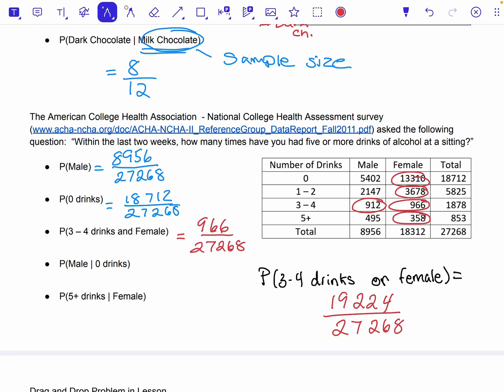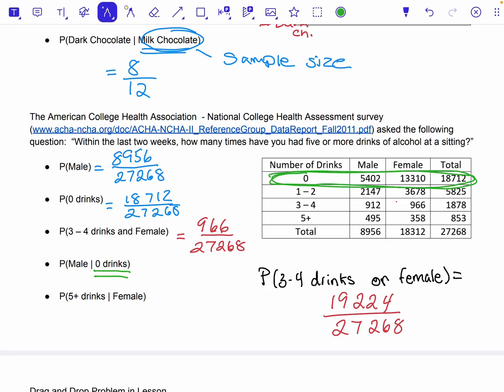All right, so those are all our previous types of problems. Now let's turn and focus on our conditional probability. On the first one, we are saying, given that someone has 0 drinks, that means I am going to ignore all of my table except the 0 drink row. That's the only part of my table I care about.